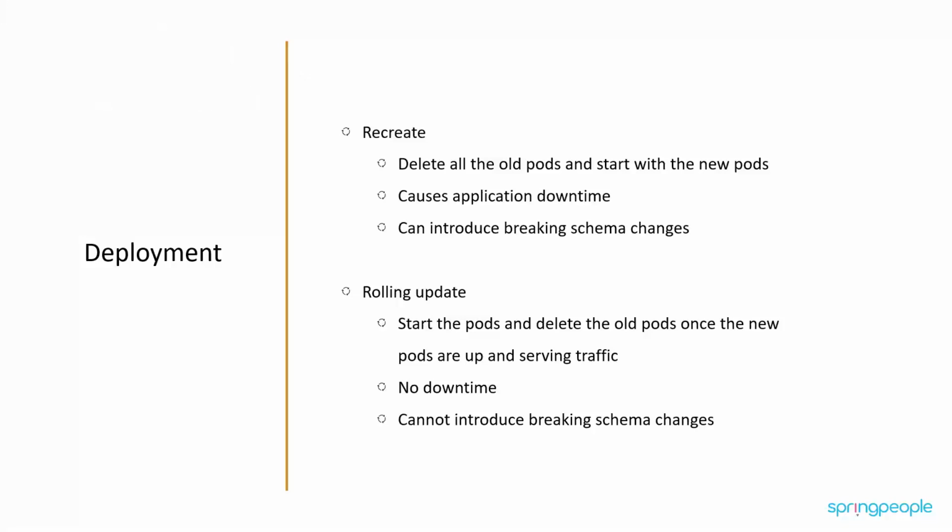The other type of strategy is called a rolling update. When are you going for a rolling update? When your application cannot have any instance of downtime. Rolling update is when you start and delete the pods once the new pods are serving the traffic.